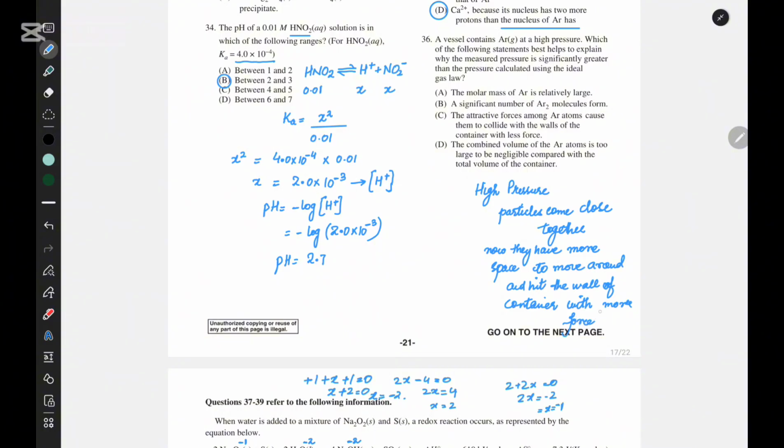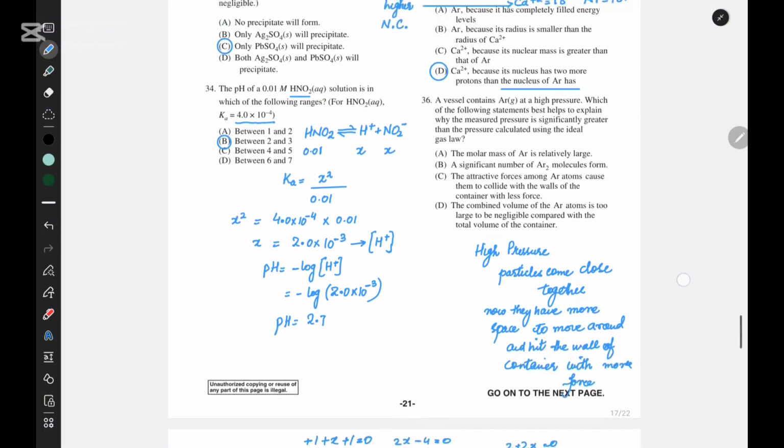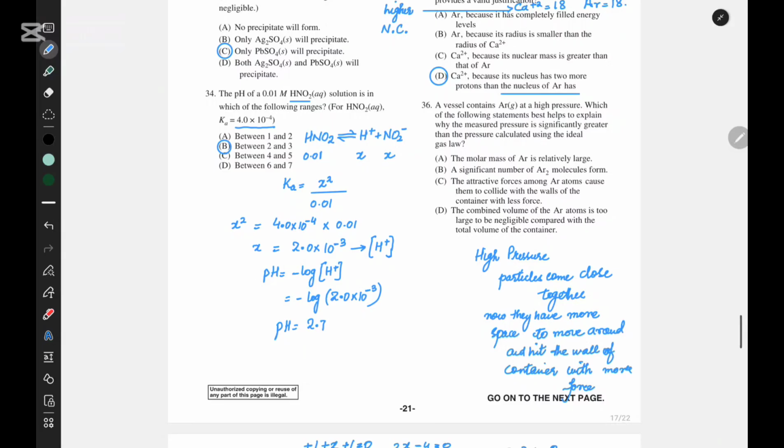And that's why when we are increasing the pressure, particles come closer together and they can easily move around and they hit the wall with more force and often. So that's why, when the gas has been compressed, like argon has been compressed, particles come close together and now their whole volume becomes significant.